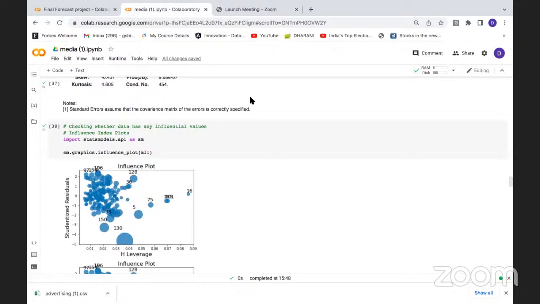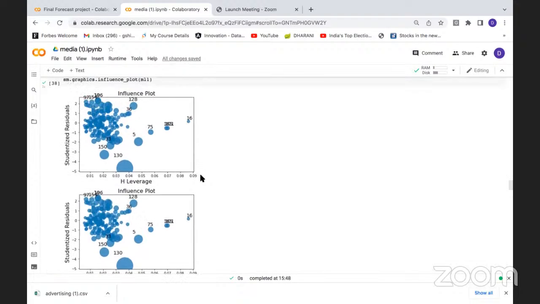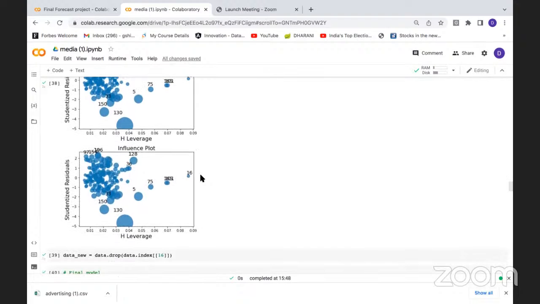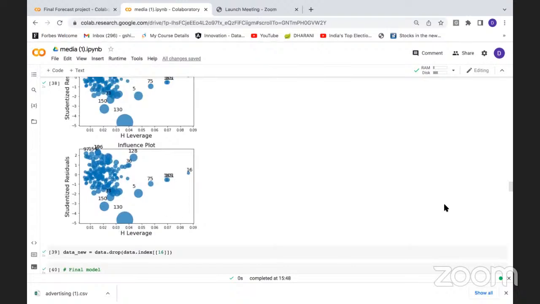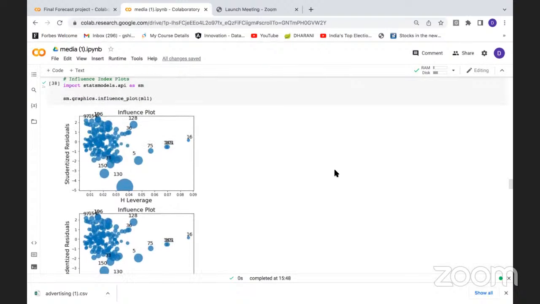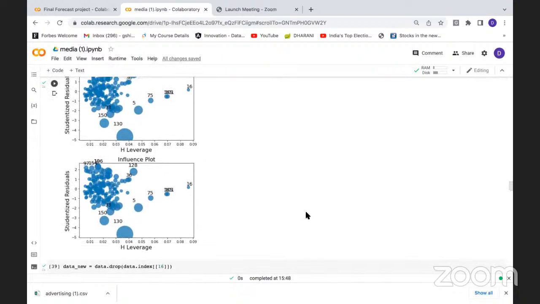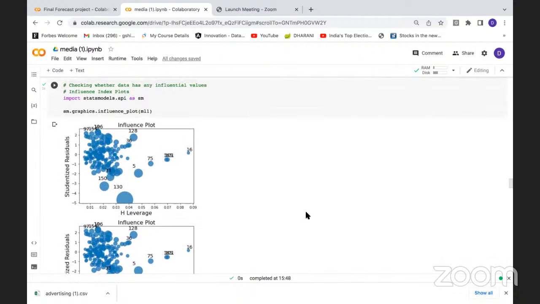There are a few plots, statistically, if you want to analyze it in a better way, you have an influential plot. That influential plot will calculate studentized residuals, and it is going to tell us which data point is influential.